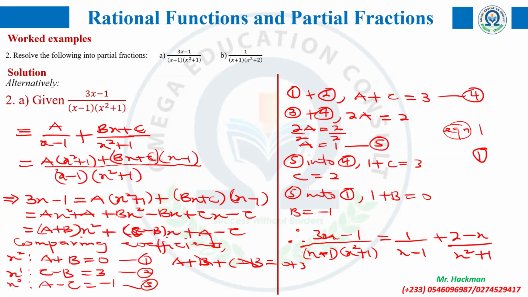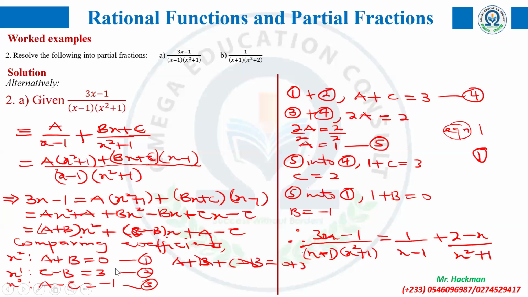You can see that even with this one, if your simultaneous equation technique is not strong, you might struggle here. Though we usually say this is the convenient approach because all your factors are linear. But with the other one, we didn't solve equations simultaneously, though we did it indirectly because we were substituting values.